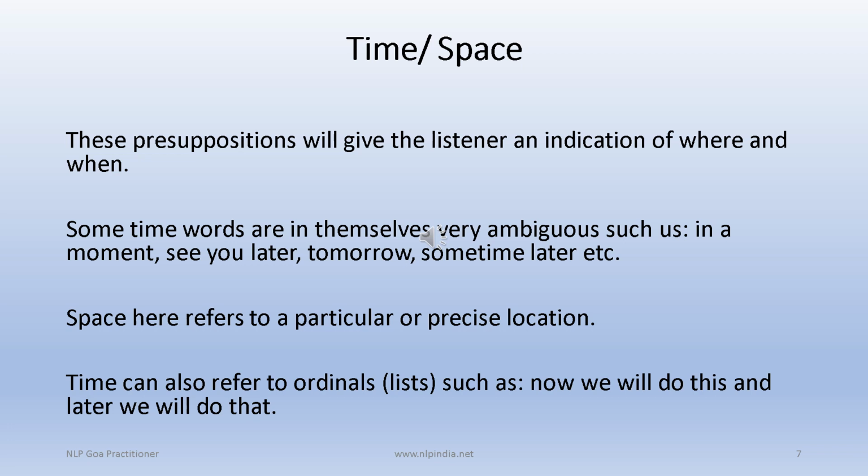Space here refers to a particular or precise location. Time can also refer to ordinals, lists, such as now we will do this and later we will do that. So time and space is another important linguistic presupposition.